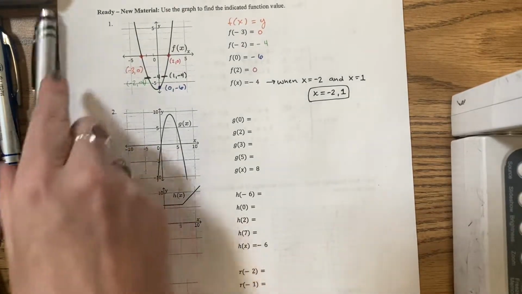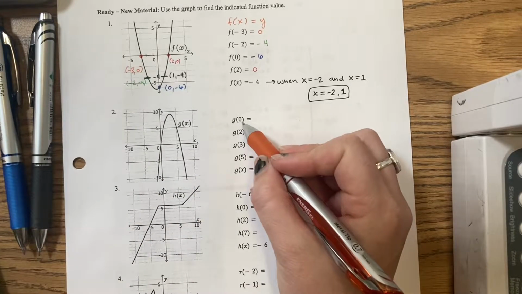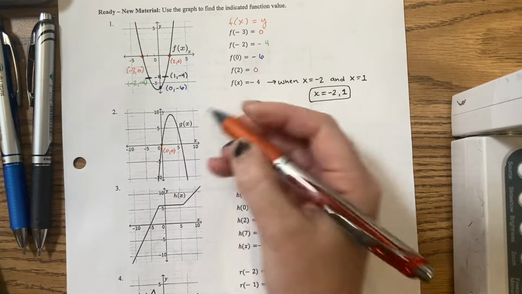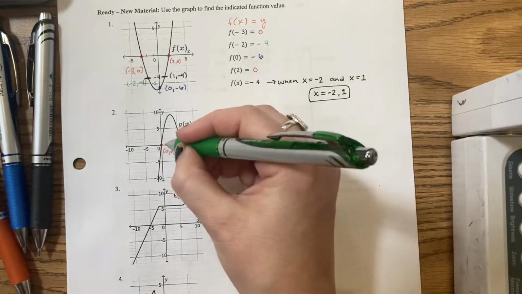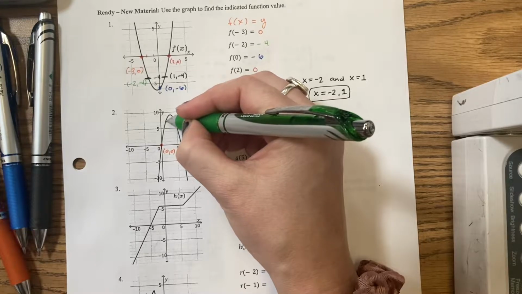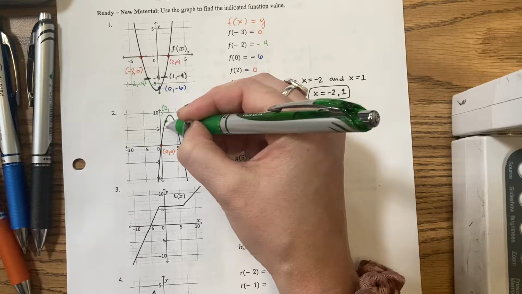Question 2. Where is g of 0 equal to? 0, 0. Where is 2 at? Two is up 5, 6, 7.